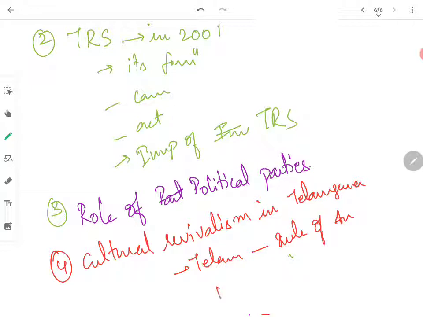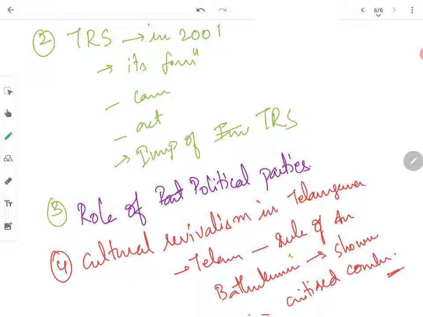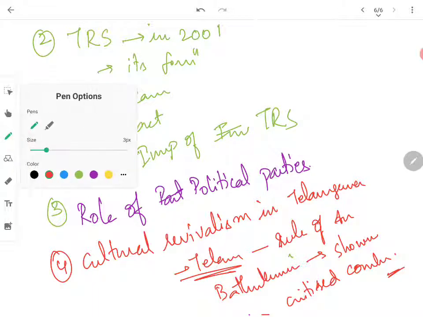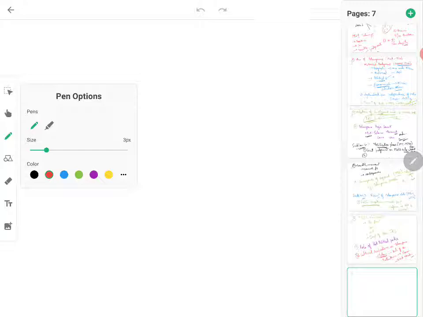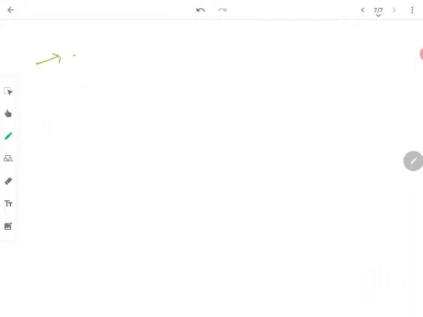For example, let us take the Batukamma festival, which was not even celebrated or shown in the news, or was criticized for being celebrated with flowers, when the state was combined. But after the formation of Telangana state, the people of Telangana can celebrate their festivals with their own concern and government backing.